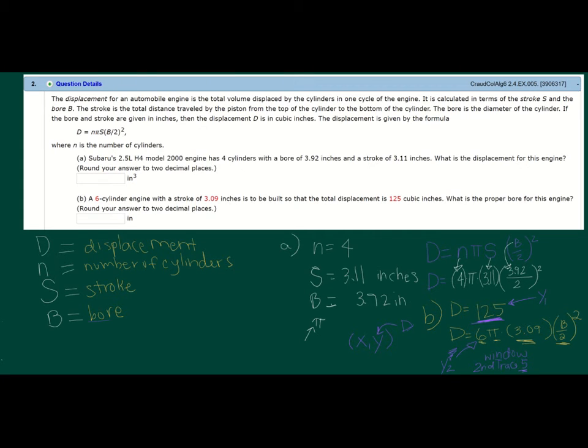We told the calculator that the D value, the Y value, is equal to 125. Your job is to locate the X coordinate, which represents the only other variable left in our equation, this B variable, which in the calculator looks like an X value. That's how you're going to identify the bore of the engine that was described in part B.